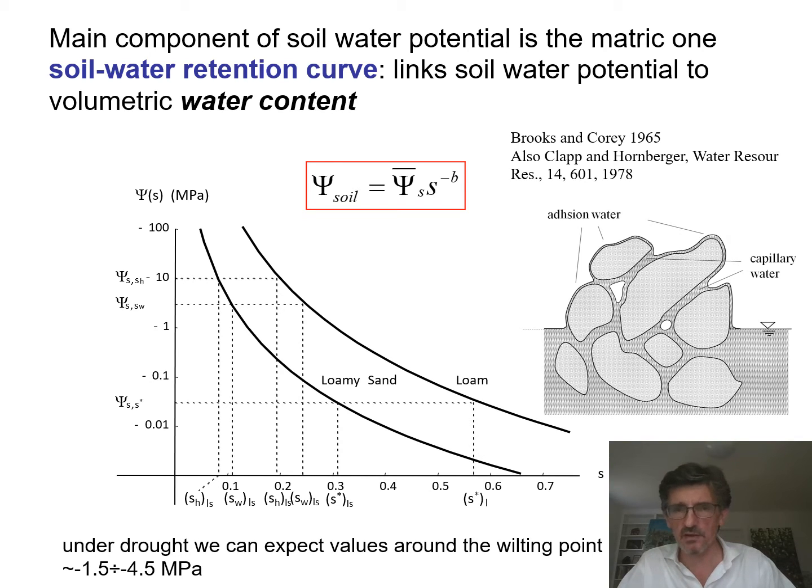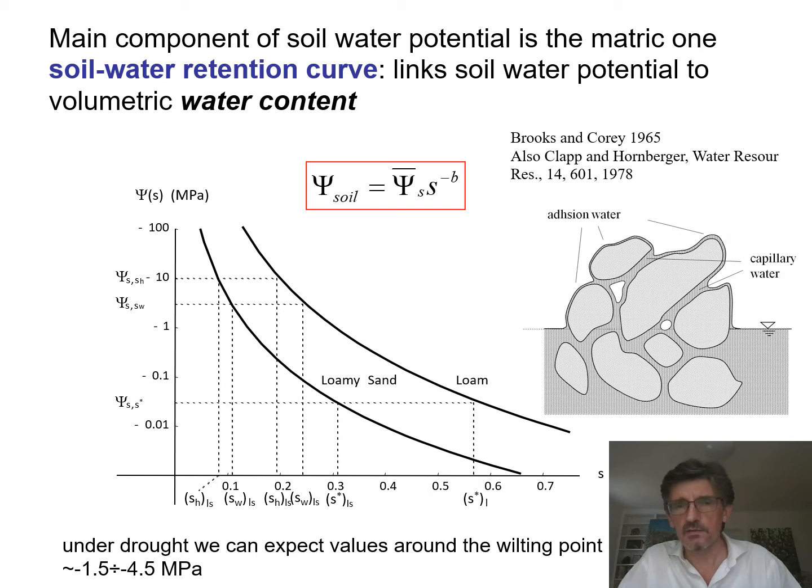The same thing here. This is the S wilting point for loamy sand and for loam. It's different, and you can see here that you get, starting from a similar value, the plant has a characteristic value, let's say, of suction that it can extract, below which it starts wilting.